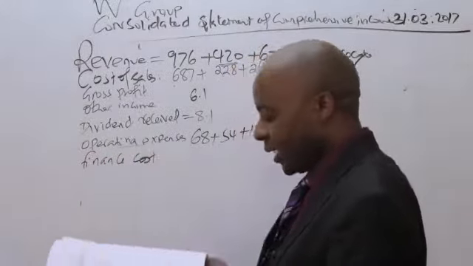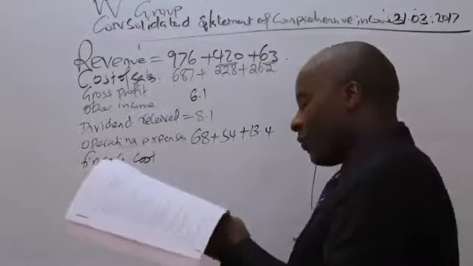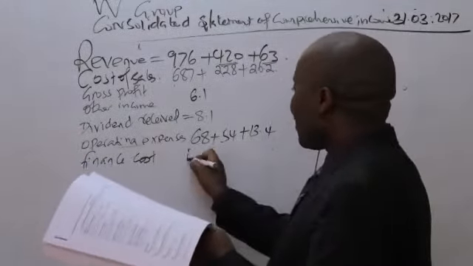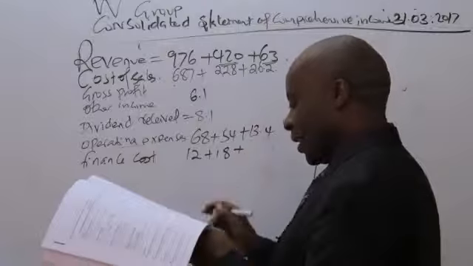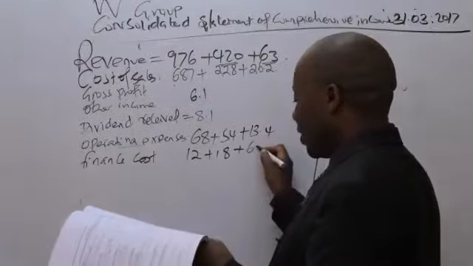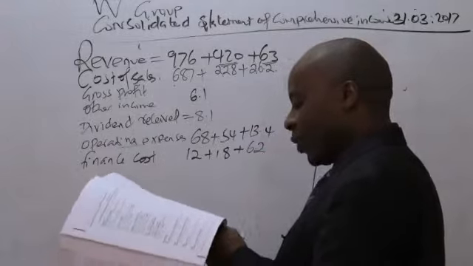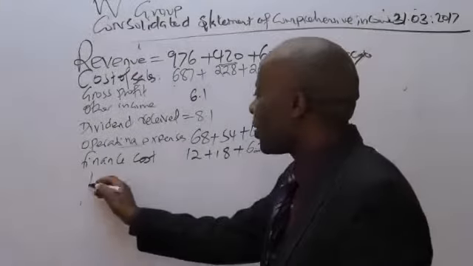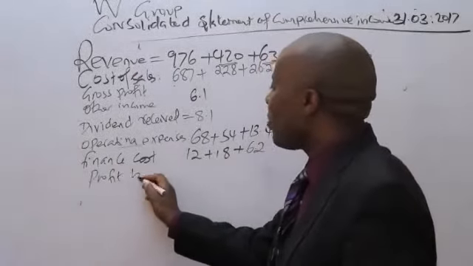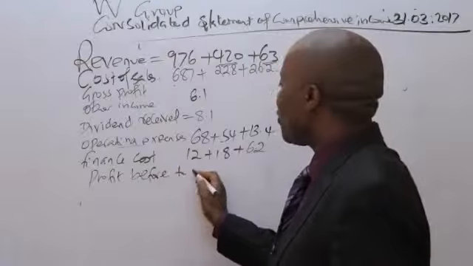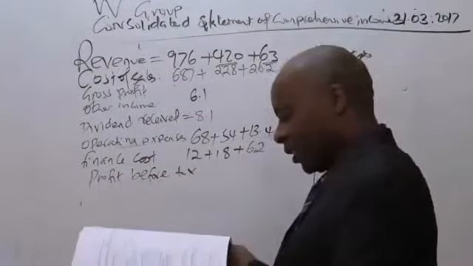I'm consolidating. So finance cost, ladies and gentlemen, I have 12, I have 18, I have 6.2. From there, we have the profit before tax. This one, of course, I will need a calculator later.